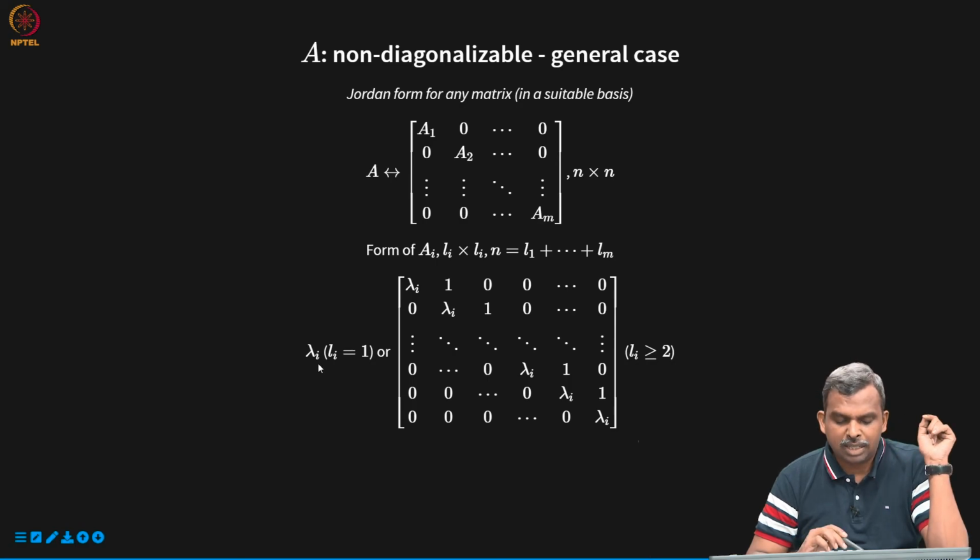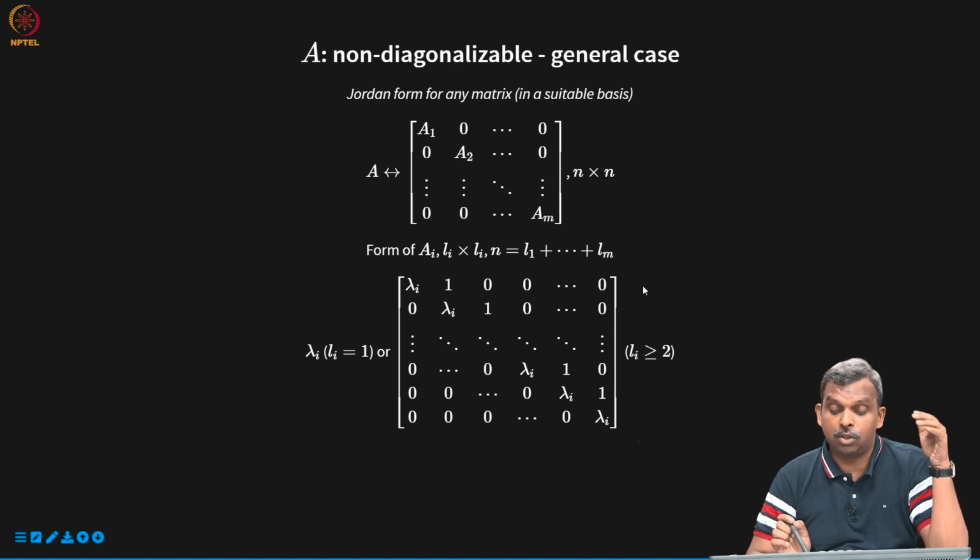Now these lambda i's may repeat across these Ai's, but the form will always be like this. This is a fantastic result, and it uses ideas called generalized eigenvectors. If we have time later on in the class, we'll come back to it. But for now, let's assume this and see what it means for our result.